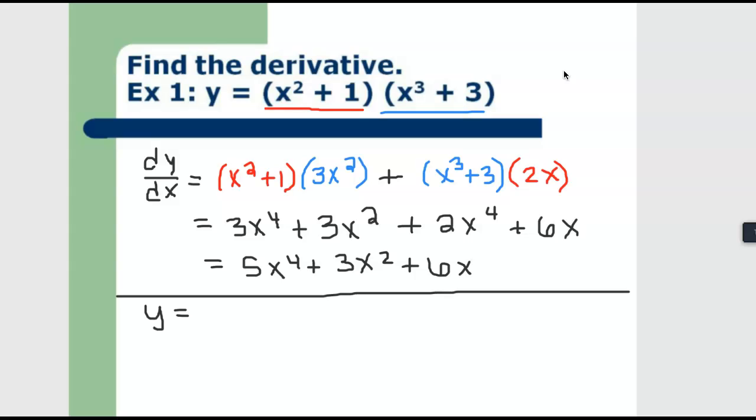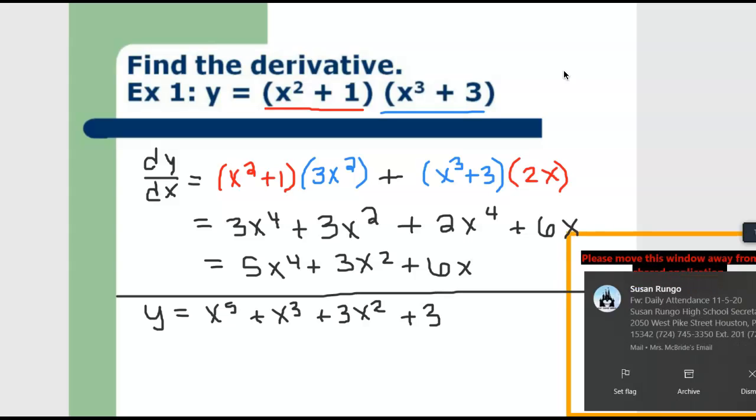So x squared times x cubed gave you x to the fifth plus x cubed plus 3x squared plus 3. And then found the derivative of that.